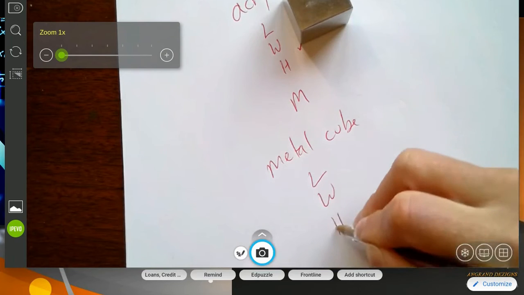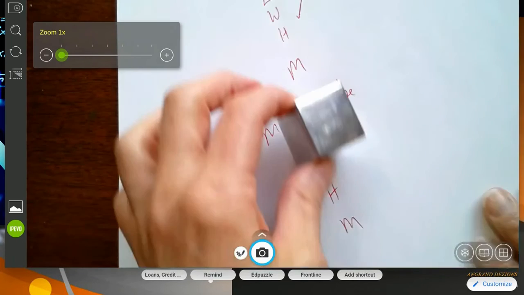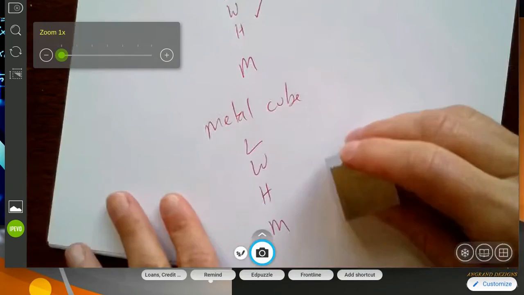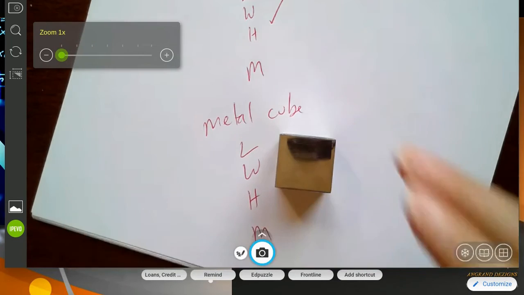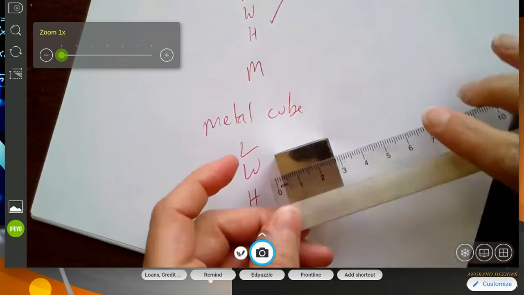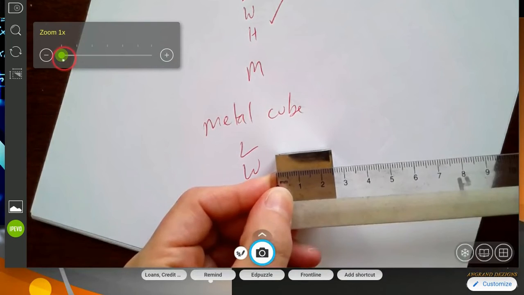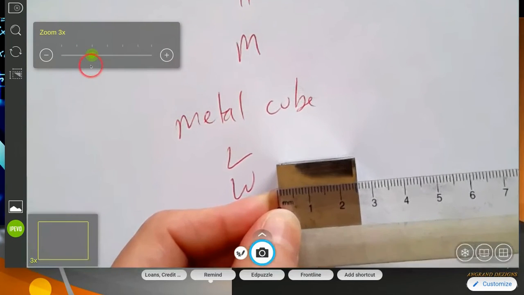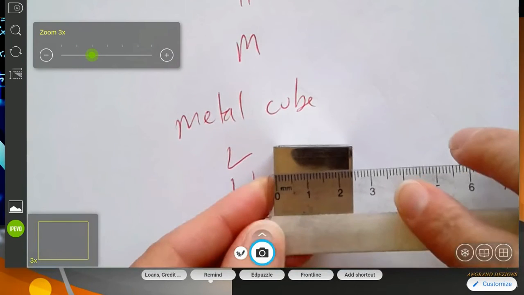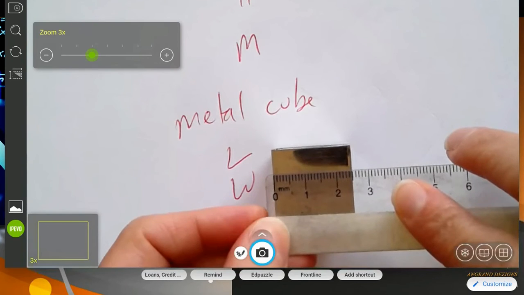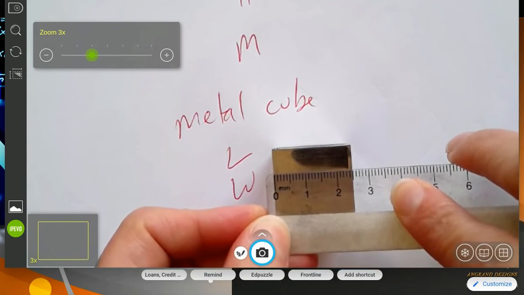Length, width, height, and then the mass. And here's the thing again, with a cube, as we just said, you only need to measure one side of it. So, and these are actually pretty standard cubes that get used a lot in science for different things. So this cube actually has the same length and width and height and volume as the previous cube.